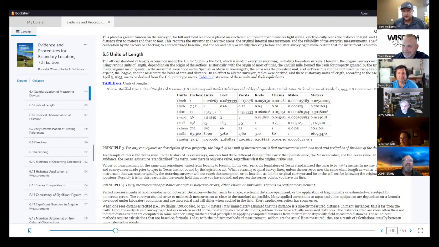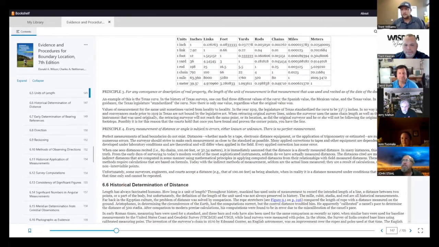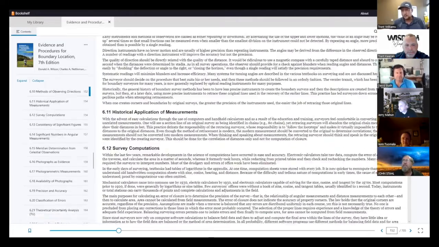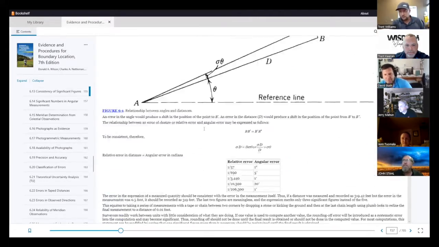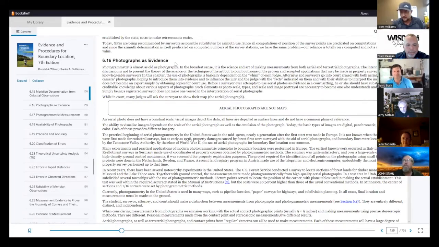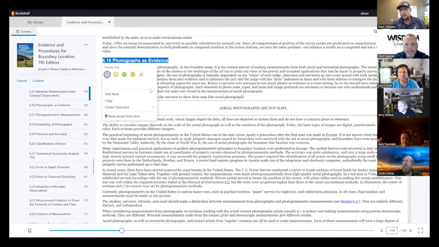Well, that's a great example of measurements as evidence, right? Because you have a starting off point. But there's also another good example of some of the other stuff we've talked about through the chapters, the extrinsic evidence, right? You've got the old highway map, you've got all these other things that you start gathering.